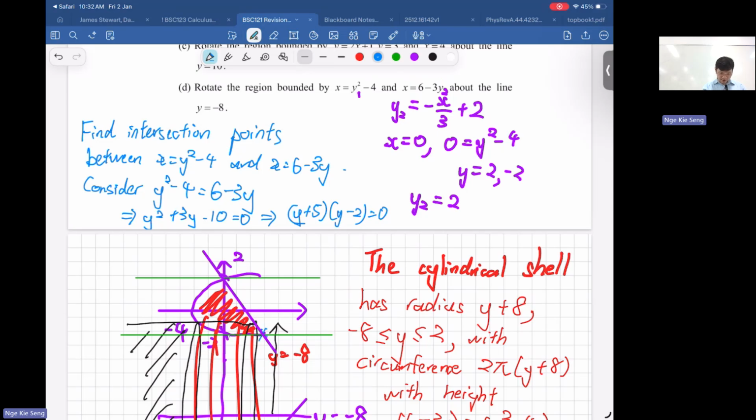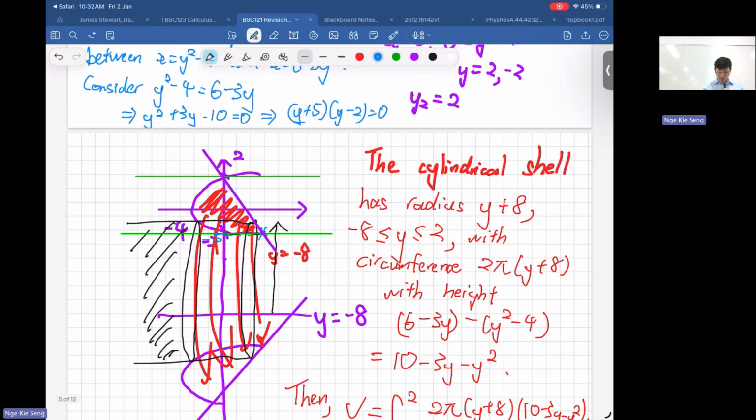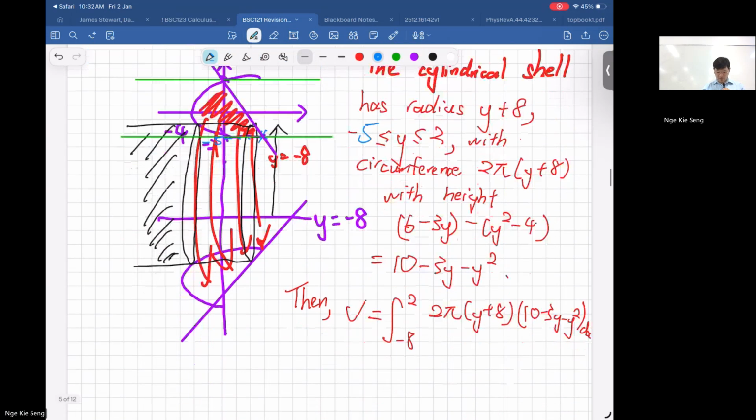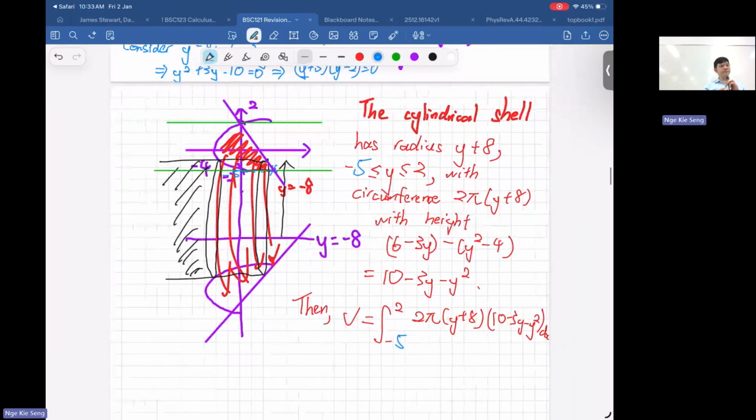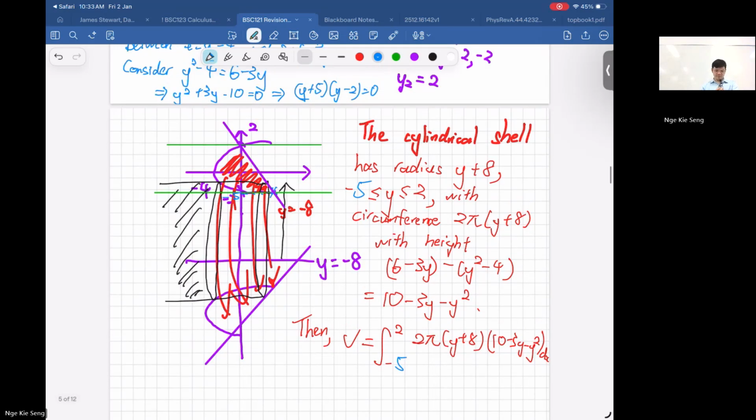Okay, so one of them is 2, the other is -5. So meaning this point is -5. So I guess our radius just needs to care about starting from -5, no need from -8. Okay, so our height is considering from -5 to 2. That's it.